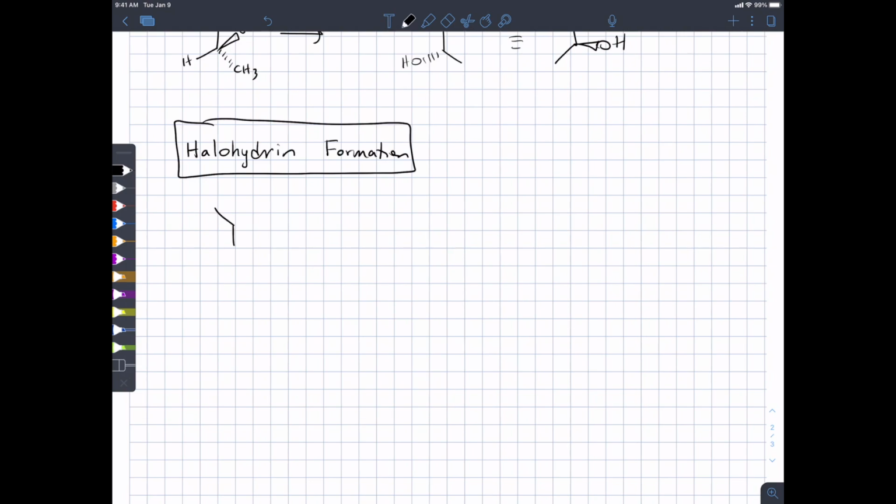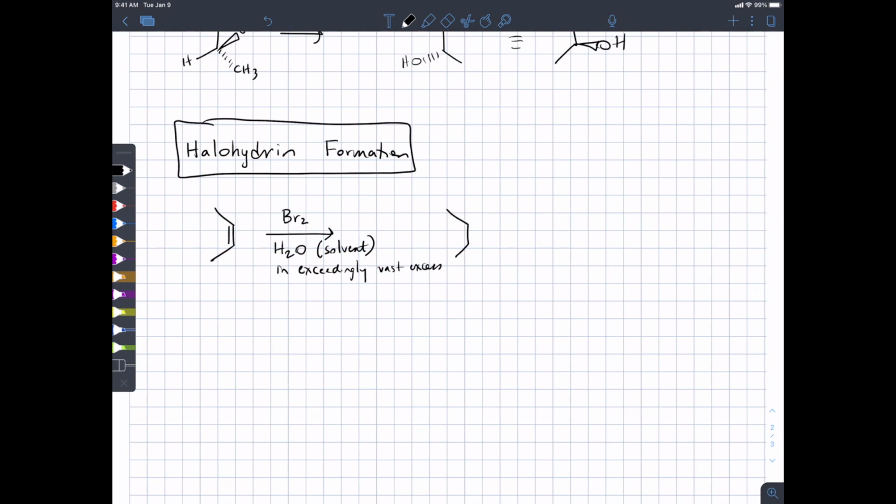As an example, you can take this starting material. You can use bromination in the presence of water. You're going to use water as solvent, which means it is in exceedingly vast excess.